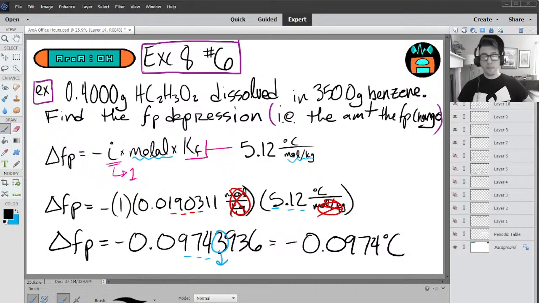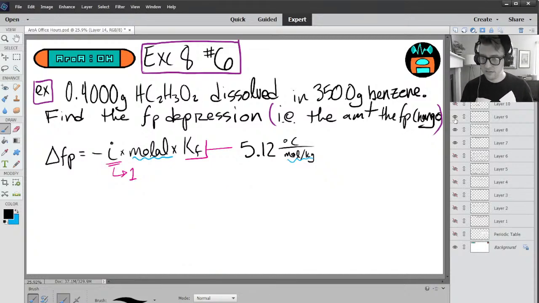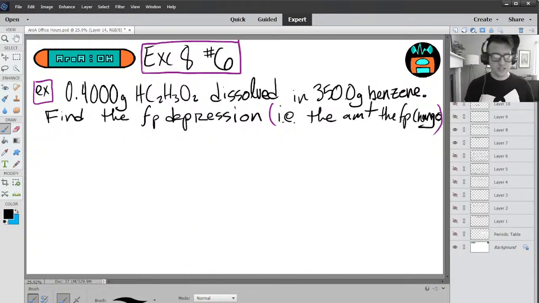All right, now one thing to keep in mind is this is the way it's formulated if you were then to calculate the freezing points. But technically, to answer the question, find the freezing point depression.